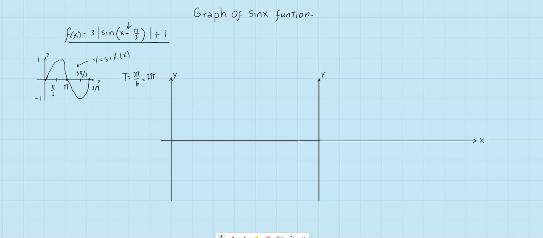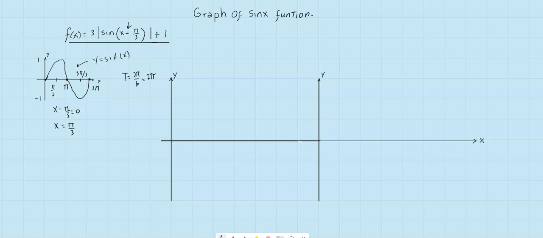We just write the argument: x minus pi over 3 is equal to 0. So that means that x is equal to pi over 3. That's my first 0, where I move my graph to the right by pi over 3. Now I need to find where my other zeros are.